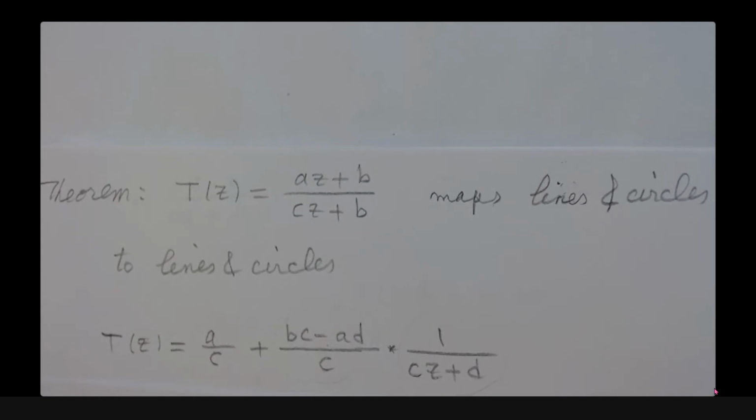If you have the equation of a line and you multiply it by a number, the image again is going to be a line. And if you have a circle and you multiply the equation of that circle by a constant, again, you are going to have a circle.